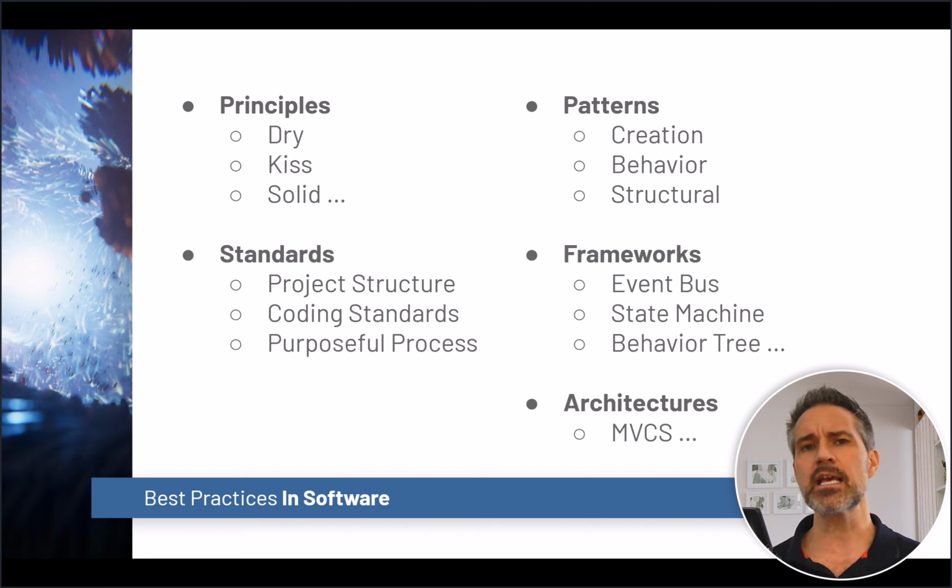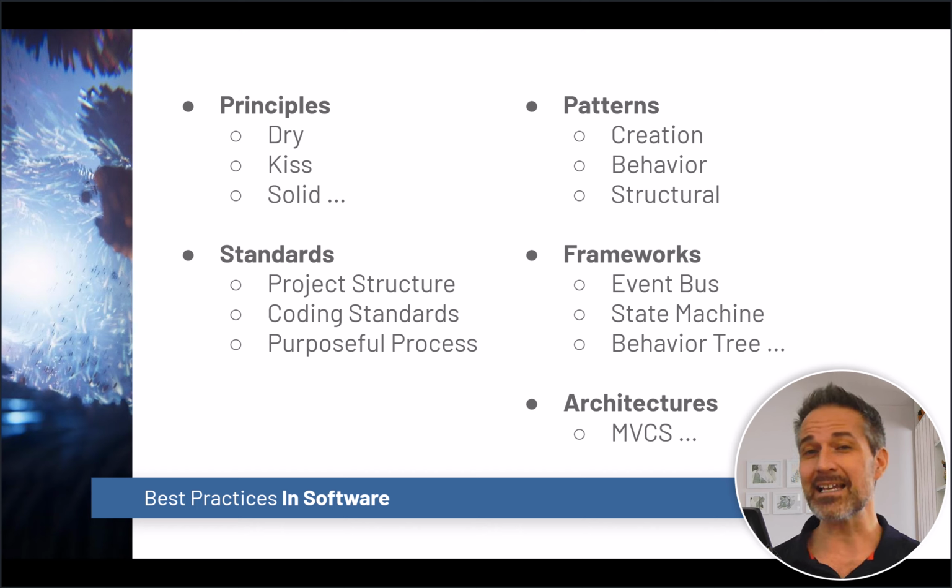Then when you're sitting down to code your solutions, you've got all sorts of design patterns. We can think of design patterns being built on top of the design principles, and they include different types of solutions for creating your objects, the behavior between your objects, and how you structure your objects together.